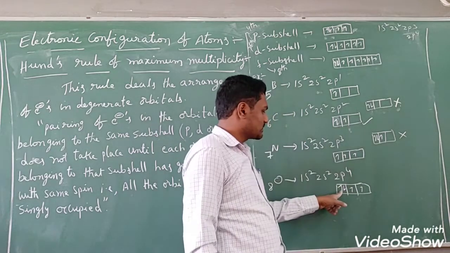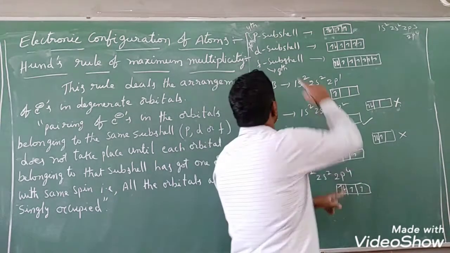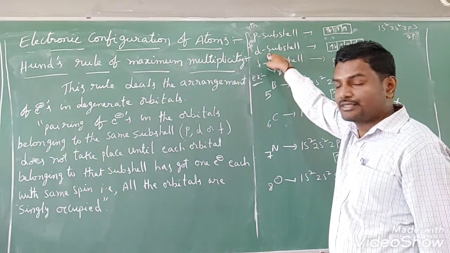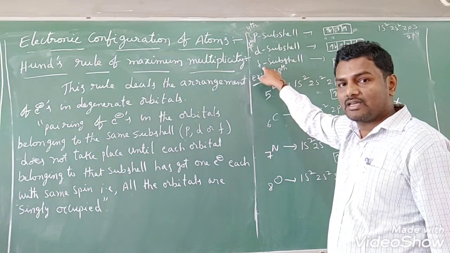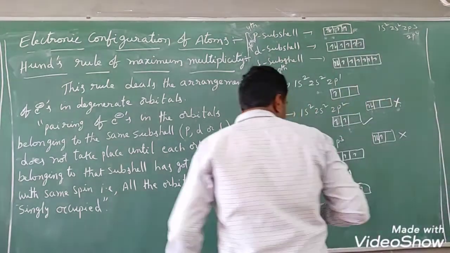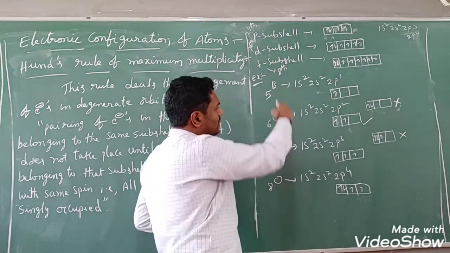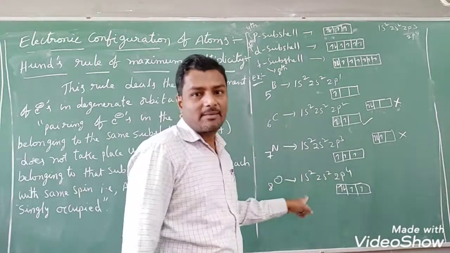One more electron is there, so this orbital is paired. That is, the 4th electron is paired in the case of the p subshell. In the case of the d subshell, the 6th electron is going to pair. And in the case of the f subshell, the 8th electron is going to pair because it possesses 7 orbitals, right? Everybody knows that.